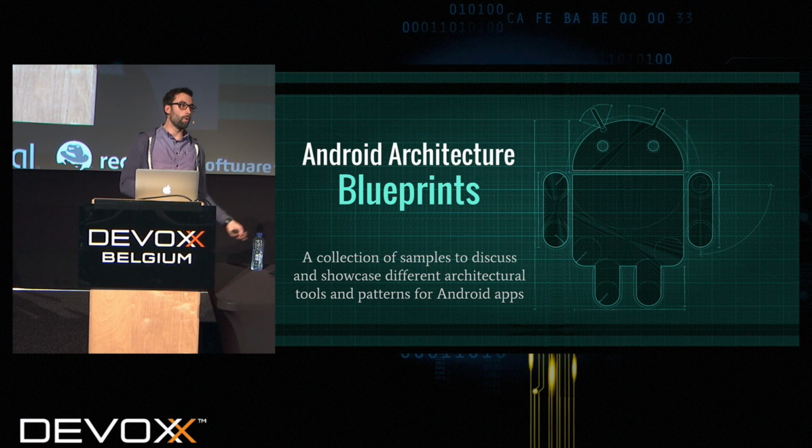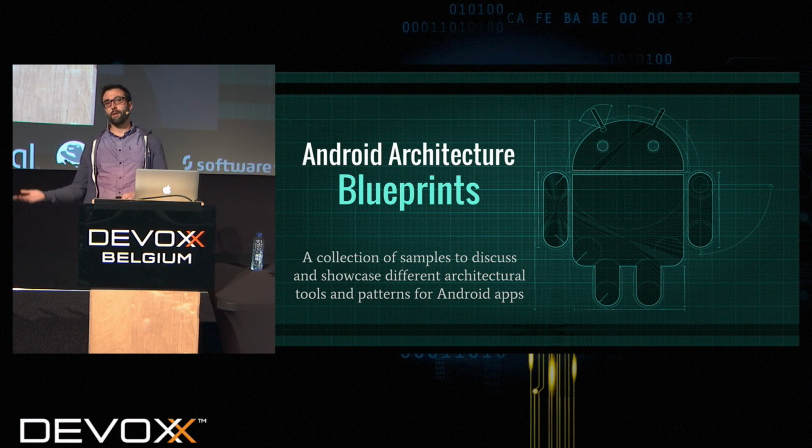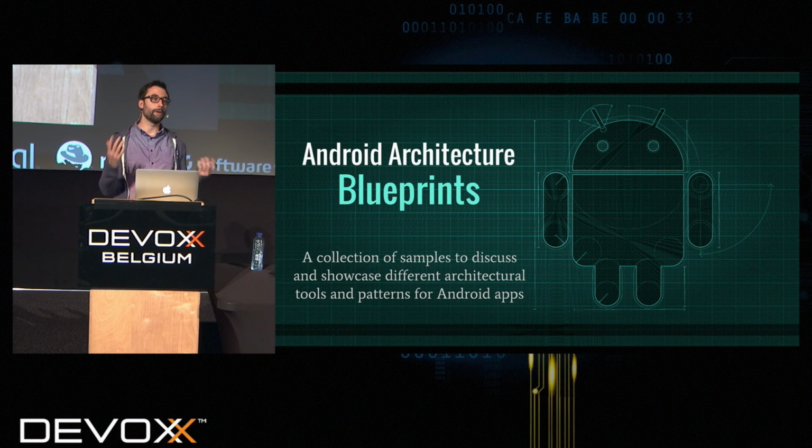Many people will go model view presenter, others model view ViewModel, there's RxJava, and even Kotlin now, different languages. There are a lot of introductory posts to MVP, MVVM, or any other architecture, but it was very difficult to compare all of those architectures.